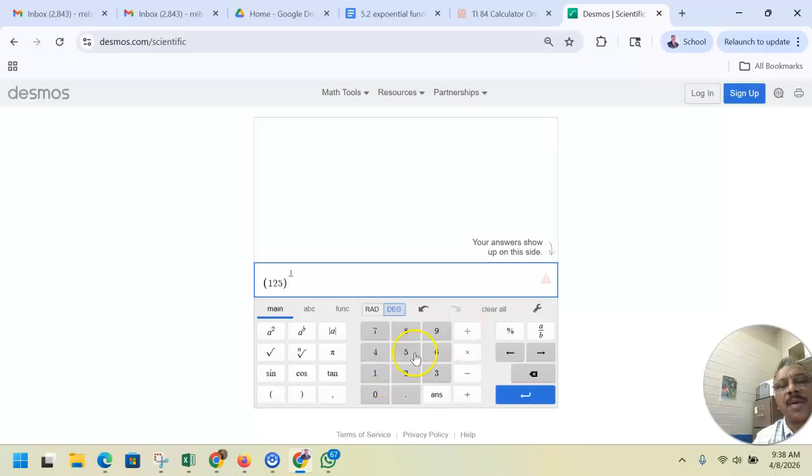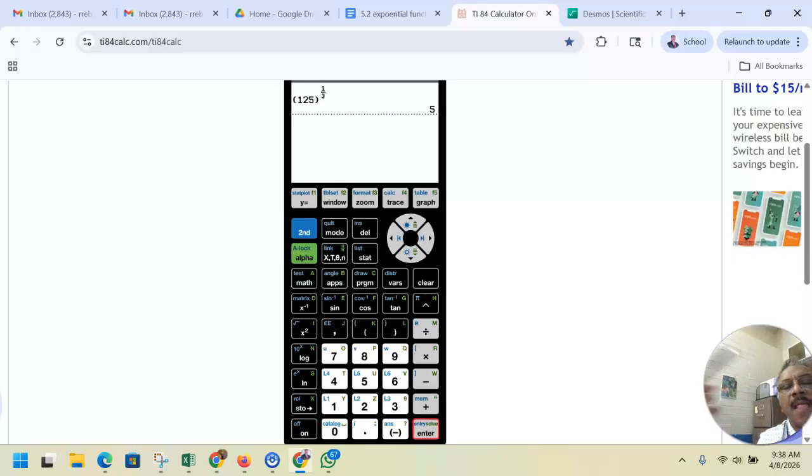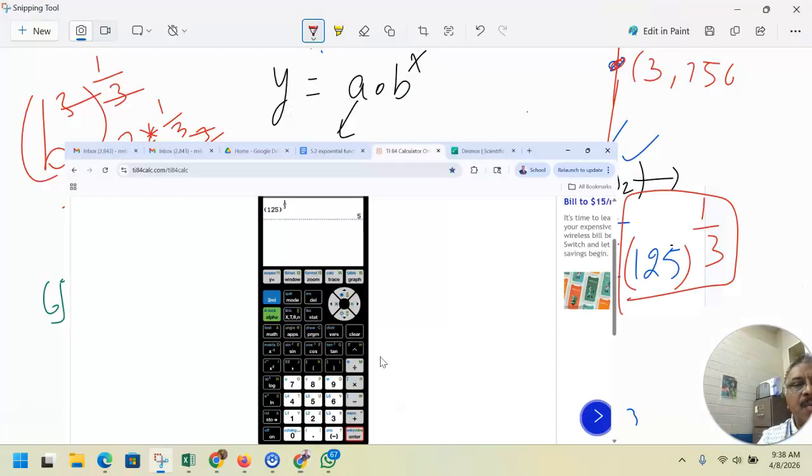So it works, and you get the answer. Sorry, one third, right? Go backspace and put a 3, you get 5. So you can use both. This is using the Desmos calculator, but I want you guys to use this TI-84 because we need it in later classes.